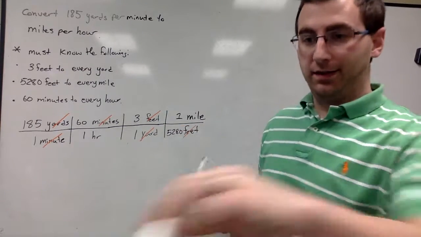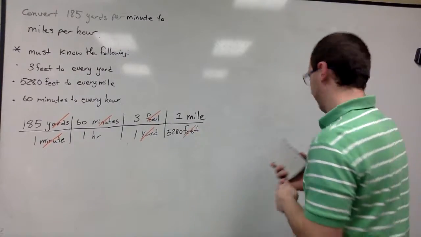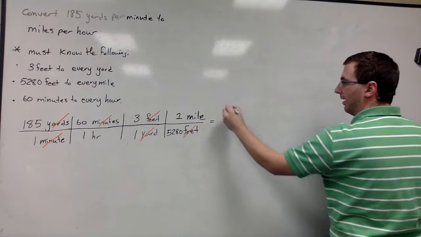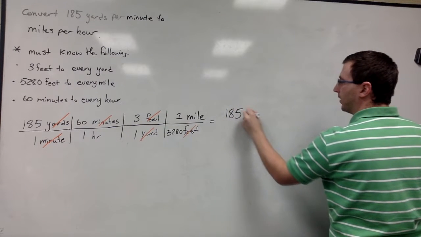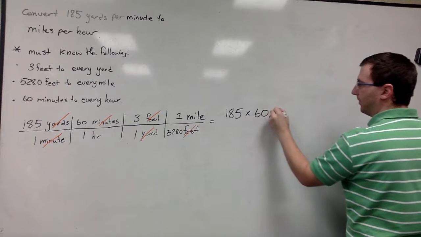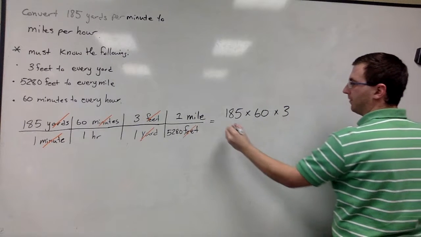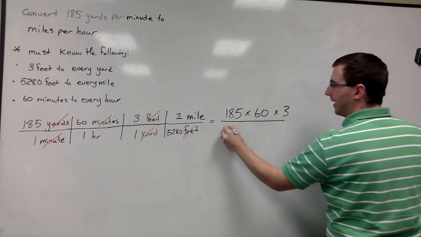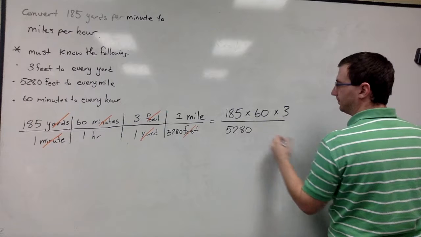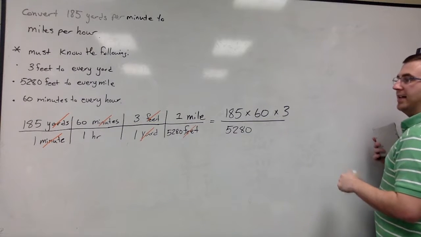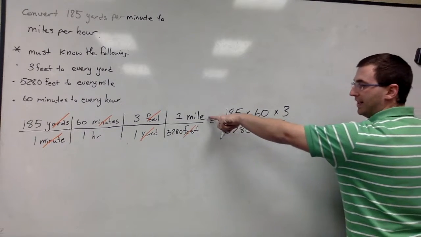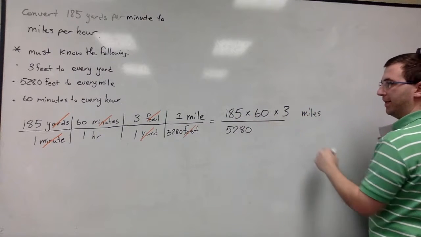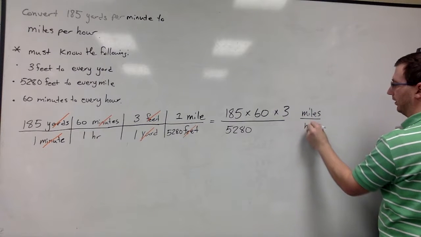So all we're left with now is just multiplying the numbers on the top. 185 times 60 times 3 divided by 1 times 1 times 1 times 5,280 on the bottom. Now the only unit we didn't cancel out on the top was miles. The only one we didn't cancel out on the bottom was hour.